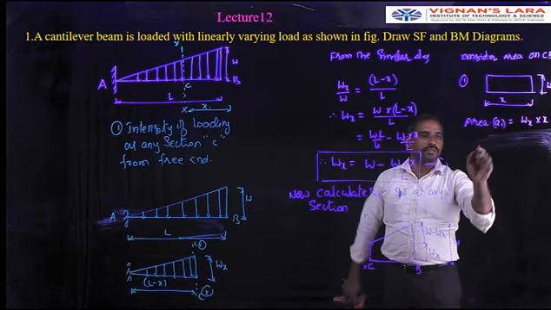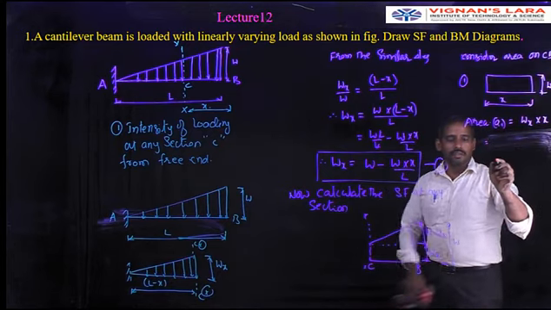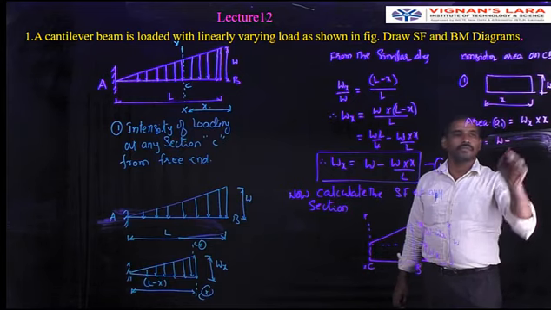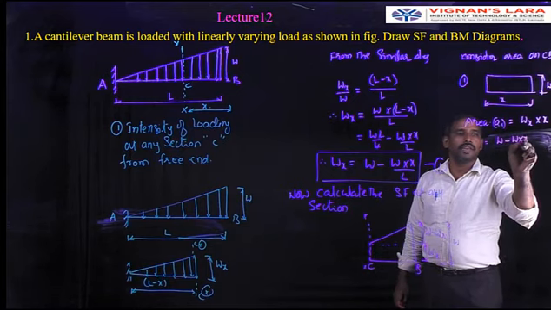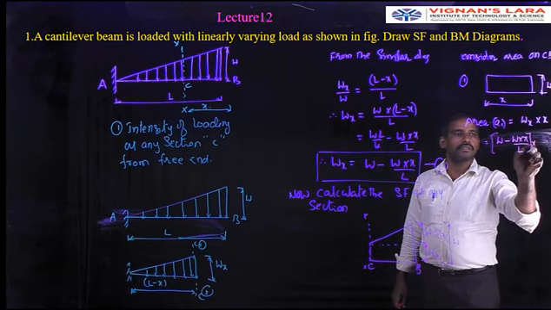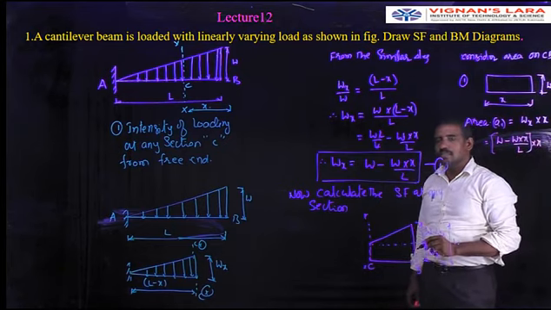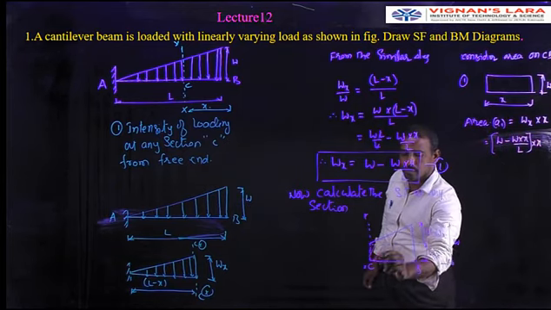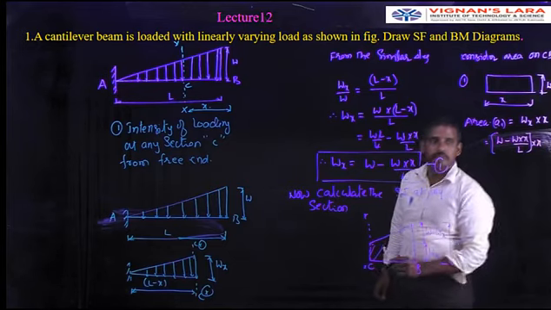That is equal to W minus W into X by L. This is W suffix X into X, the total load under the rectangle area. So this is the first one.